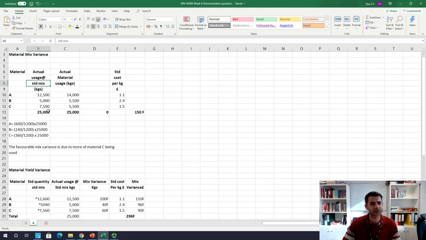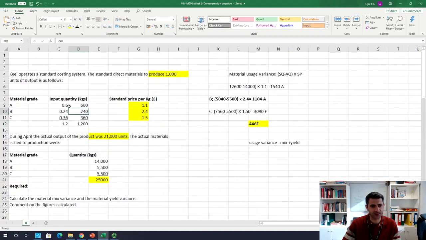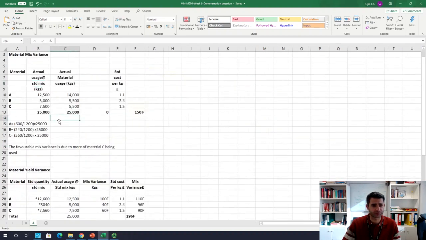What do I mean by standard mix? If you remember, I told you about this. This is the standard mix. So how do we calculate it? Very simple. You take 600, divide it by 1,200, then multiply by 25,000 kilogram.